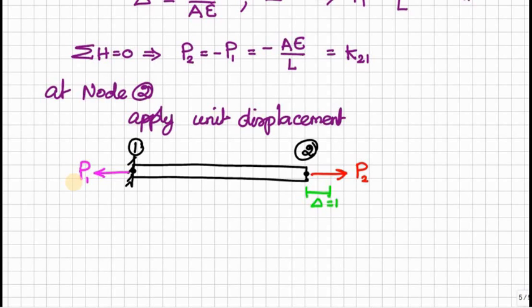Now again we have to use the expression for deflection, that is delta is equal to PL divided by AE. Here we apply the load at node 2, therefore delta is equal to P2 L divided by AE.